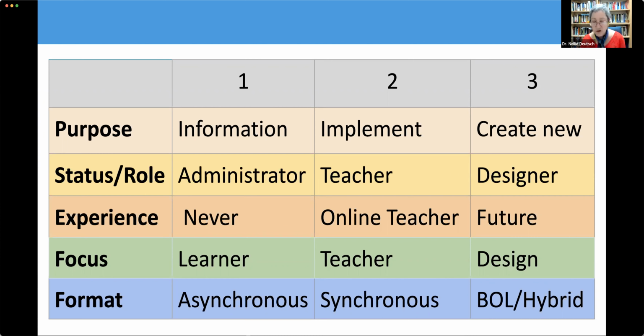Their focus could be learner satisfaction, because they're interested in retaining as many students as they can and not losing anybody. So learner satisfaction would be very important to the administration, also to the teacher, of course, but for different reasons. And again, the format: we've got asynchronous, synchronous, and blended online learning. It's fully online, but with a combination of asynchronous and synchronous, not just one or the other. And what today's called hybrid, and Ludmila has another. Yes. In the United States, there's another term.